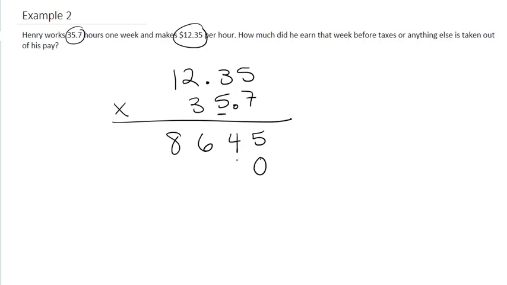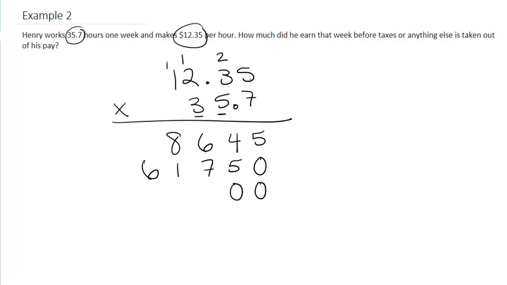So we have 5 times 5 is 25. Carry the 2. 5 times 3 is 15. Plus 2 is 17. 5 times 2 is 10. Plus 1 is 11. So carry the 1. 5 times 1 is 5. Plus 1 is 6. Now we need to have 2 place values as we move on to the 3, because we always add 1 more when we move over.